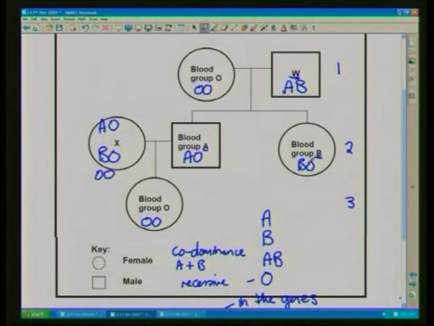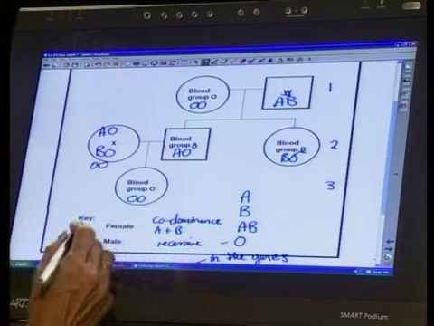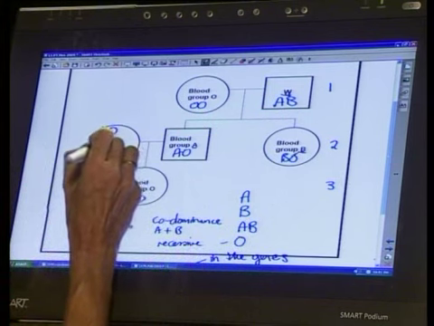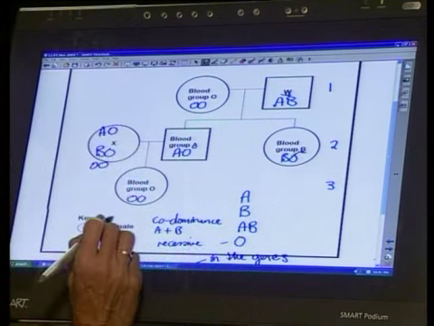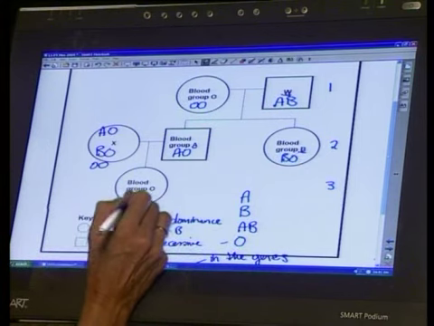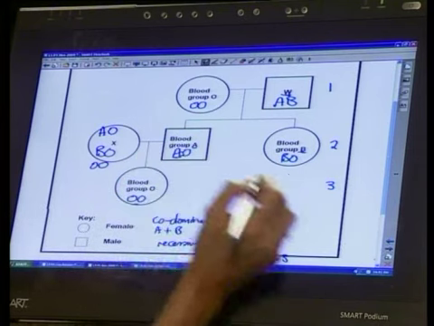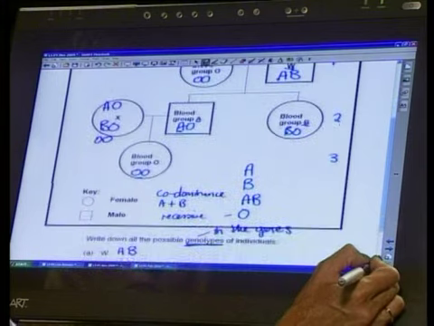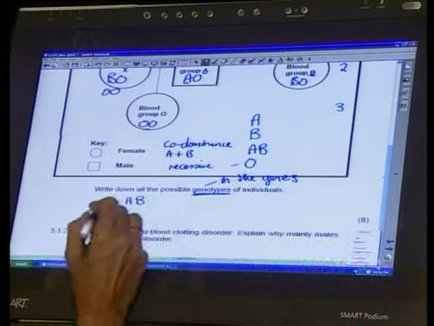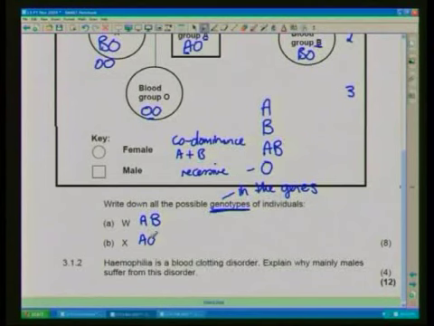The parent here is O, so this one must be AB automatically. But it's with this parent here, this X, that we have a bit of a problem. Because X is going to produce a baby that is OO together with this one that's A. So therefore, X is going to be AO or BO or OO.